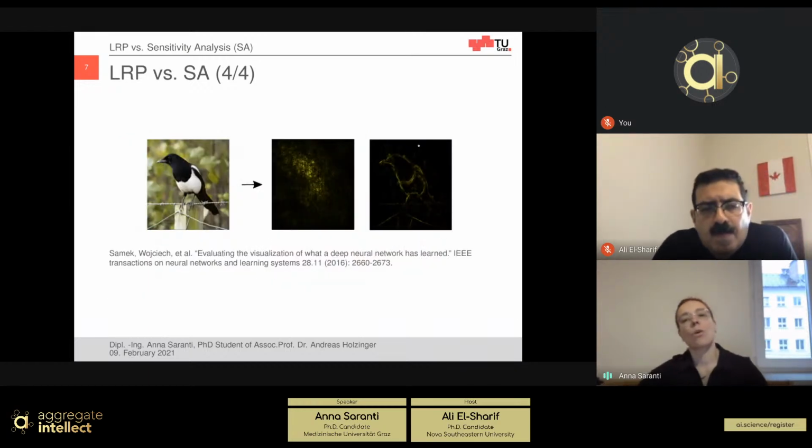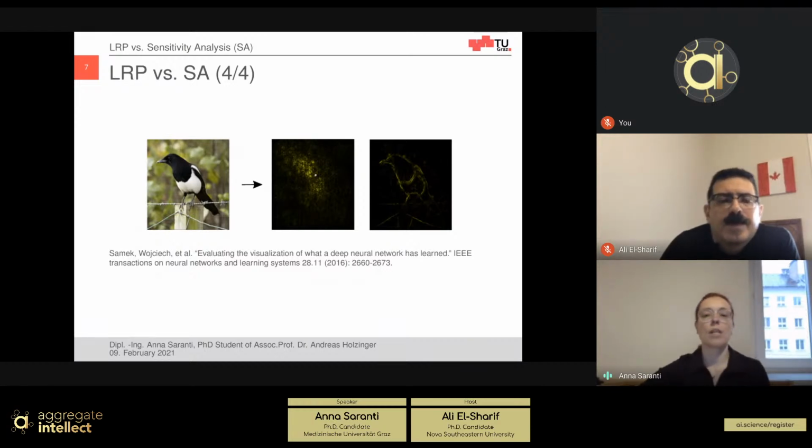Again, I would like to show also one very representative example from the TU Berlin group, which shows the difference between a sensitivity analysis heat map, which again is scattered. Yes, we see that in the middle of the image there is importance, but we cannot consider exactly what are the characteristics of this bird that contributed the most.